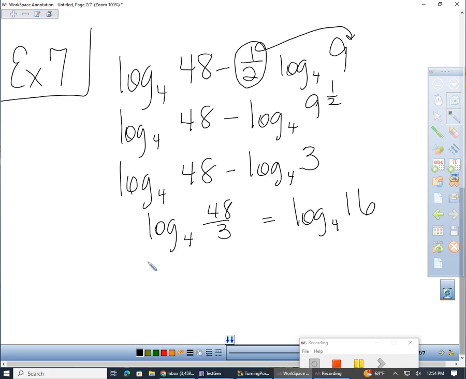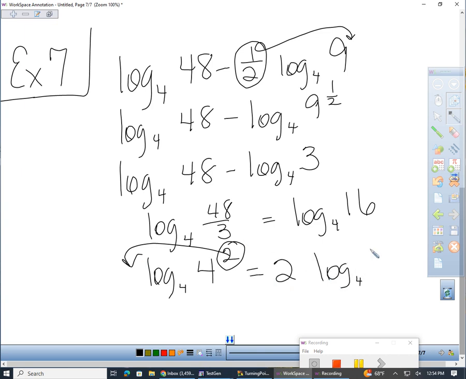Squared. So I have log base 4 of 4 squared. Technically, where's the 2 go? In front of log. So we get 2 log base 4 of 4, which just equals 1. So it equals 2.